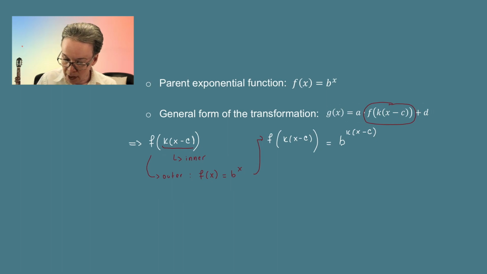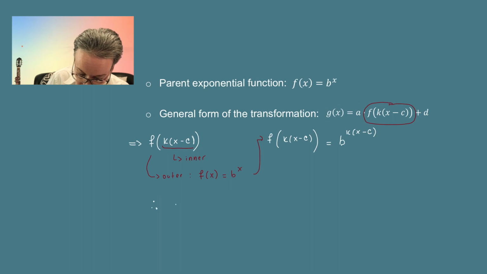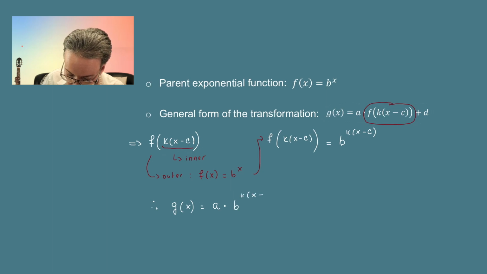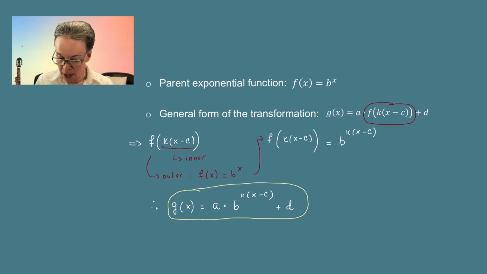So to finish it up, I'm going to write it like this. I'm going to say that g of x, the transform function, will be a times, now the composition, in this case b to the k x minus c, plus the term d. And very nicely, this becomes the general form of the transformation when all of the transformations are applied, a, k, c, and d.